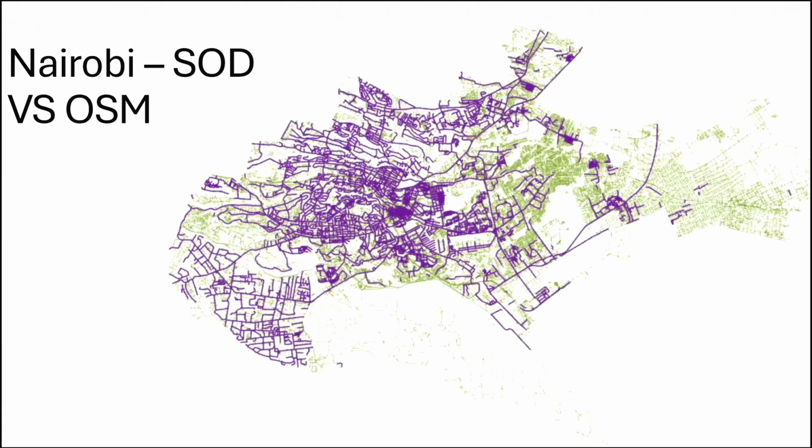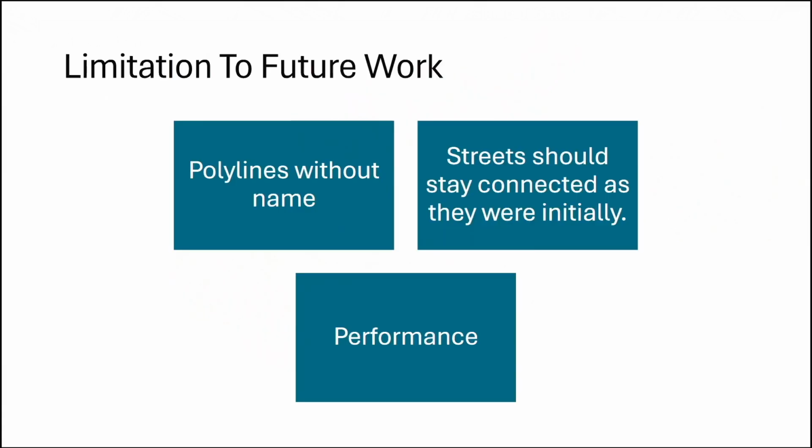That actually leads me to my next goal for this algorithm: what to do with polylines without names? There are two possible options. The easy one is to just add them to the final result without any simplification.